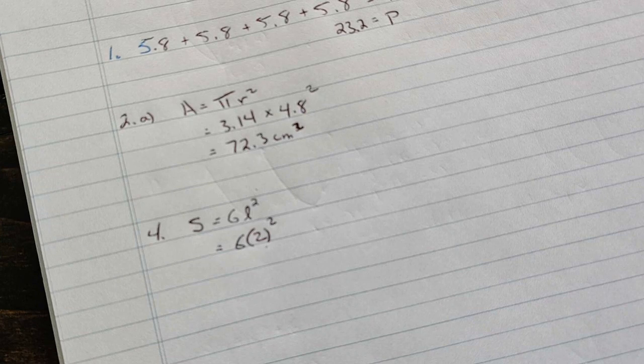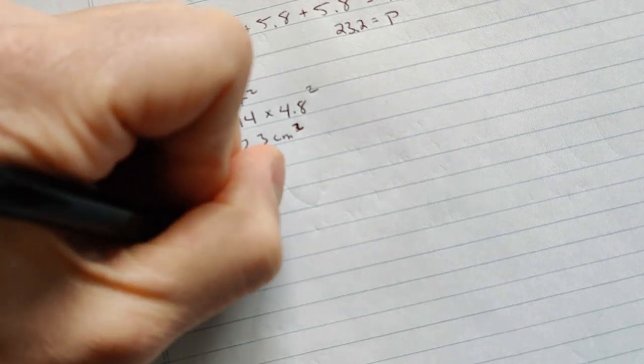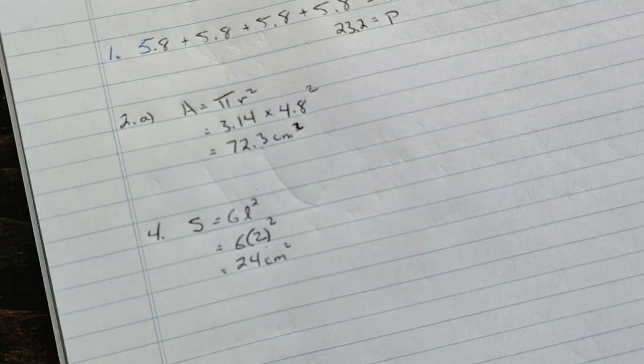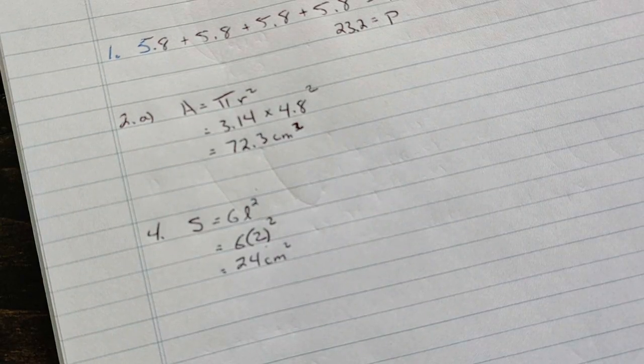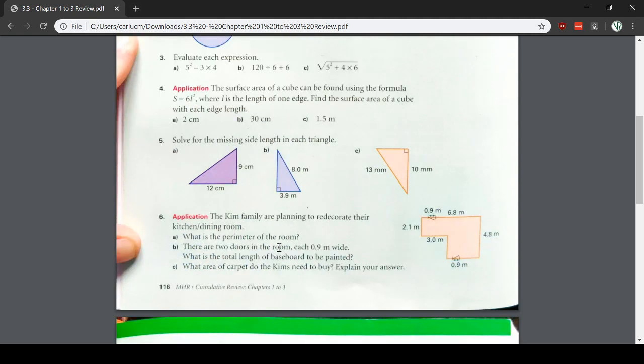Whenever we substitute in variables, we should put them in parentheses in case they are negatives, and that parenthesis makes a difference, especially in our calculators. And so we can calculate that now. 2 squared is 4, 6 times 4 is 24 centimeters squared, and that would be the surface area of that cube.